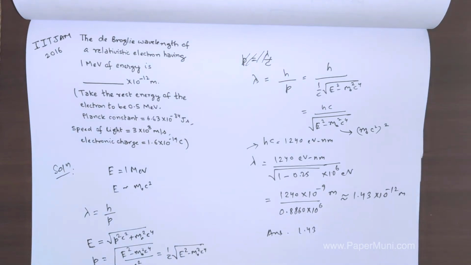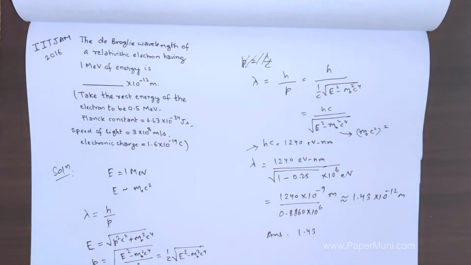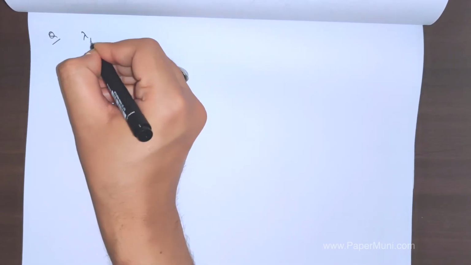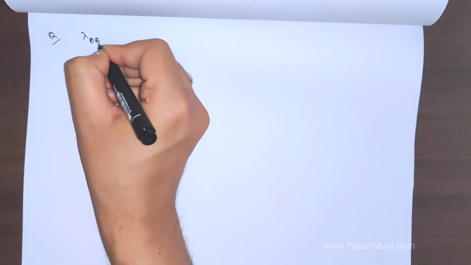All right, so moving on to the next problem. The question is: calculate the de Broglie wavelength for the following cases.